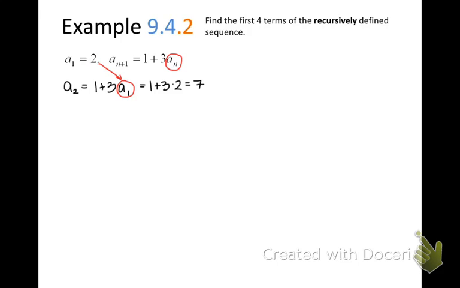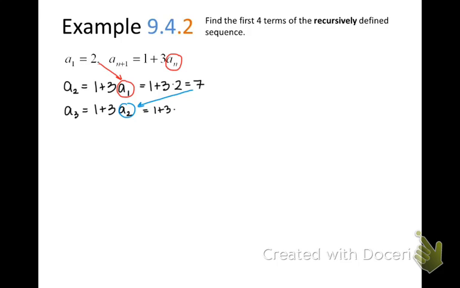So now watch what happens for a sub 3. When I do a sub 3, I'm going to be doing 1 plus 3 times a sub 2. And again, I want a sub 2, but I know that a sub 2 was 7, right? So now I'm not plugging in what number in the sequence, I'm plugging in the number of the sequence before.